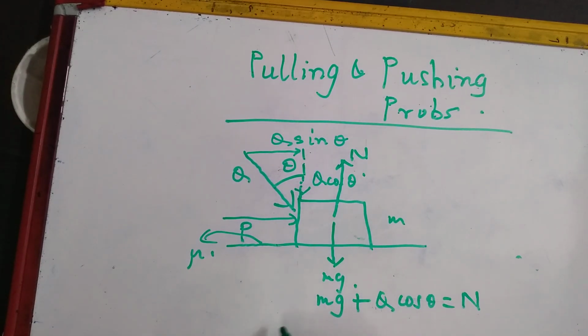And from definition, limiting friction is mu N, which is mu times mg plus Q cos theta.